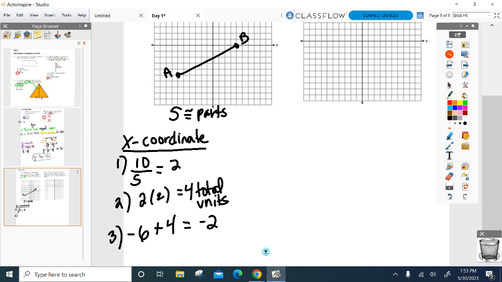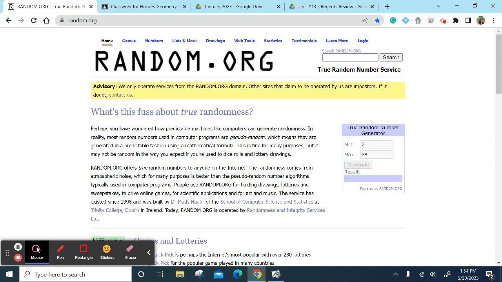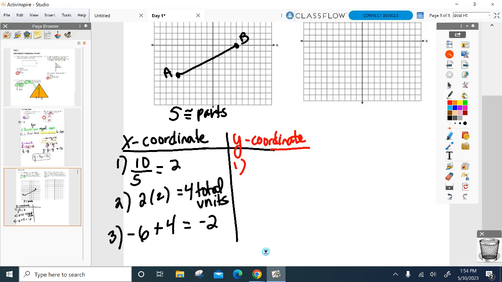That's just your x-coordinate. Now we got to do the same process for the y's. Okay, here we go. Y-coordinate. How far apart are the y's now? Because they're not 10 apart anymore, like the x's were. How far apart are the y's? 5 units. Again, cut it up into 5 equal parts.